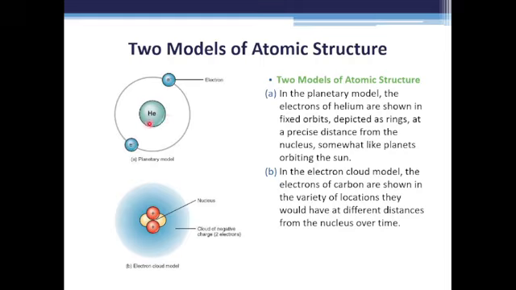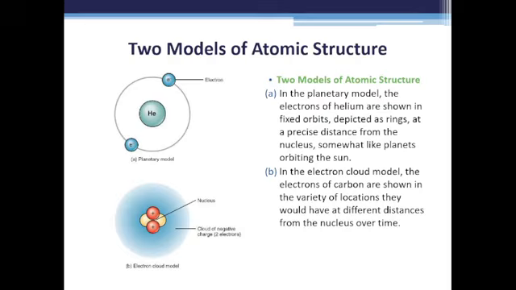Think of it like this is the sun, and this is the earth, and the electrons, or the earth, move around the sun. Planetary, it looks like a planet orbiting. This model is simple and useful for basic learning, especially in our subject, which is anatomy and physiology.